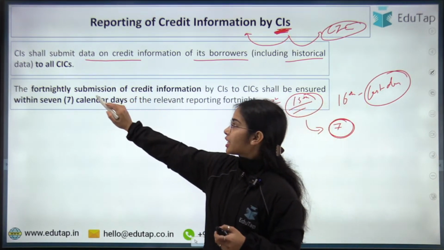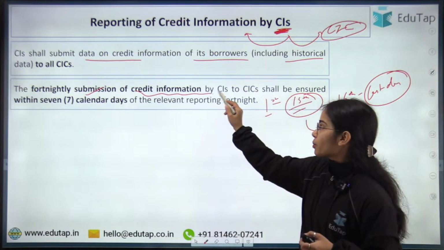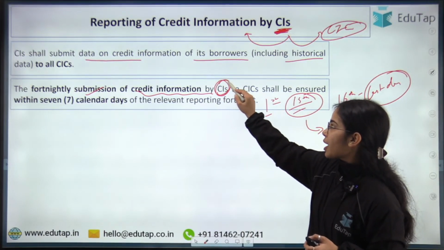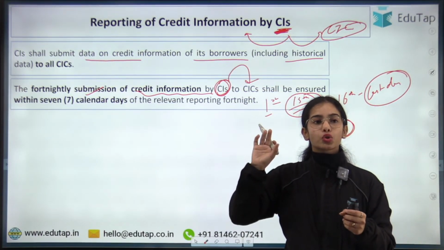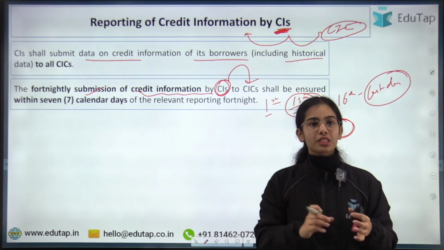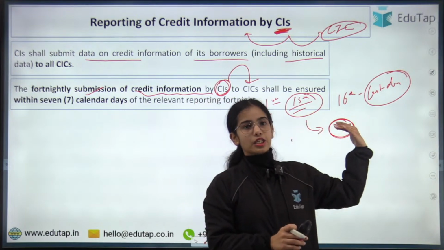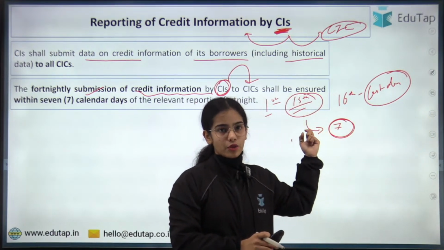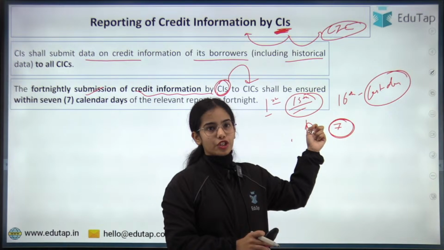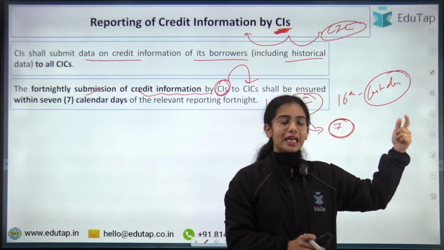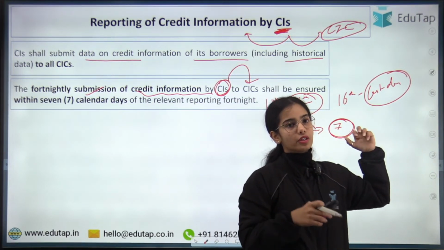So this is the idea that the fortnightly submission of credit information by the credit institution should happen to the credit information company, that is 1st to 15th and 16th to last day. Okay, so the first fortnight finishes on 15th and the second fortnight finishes on the last day of the month.